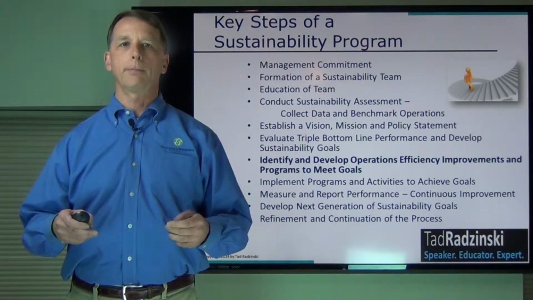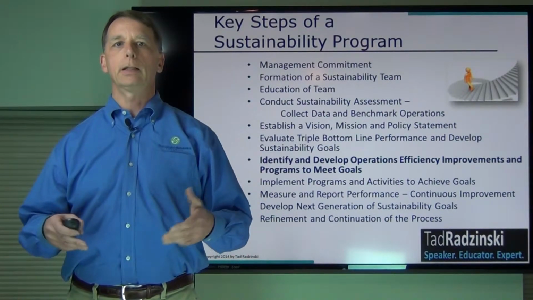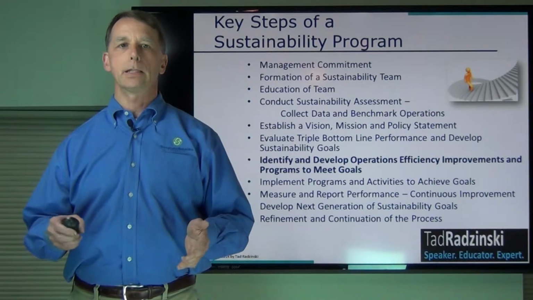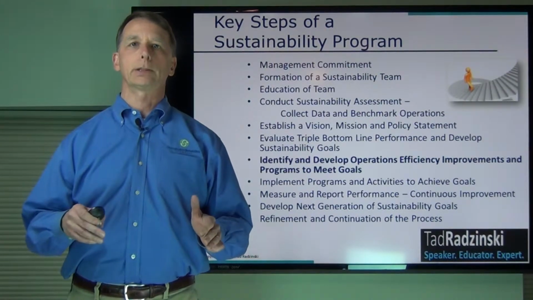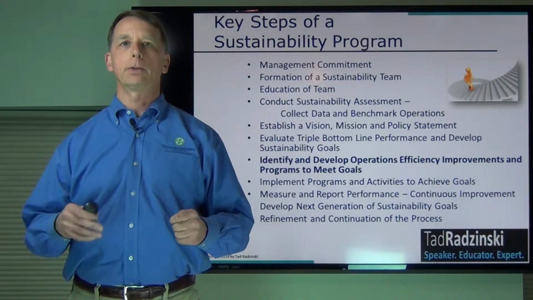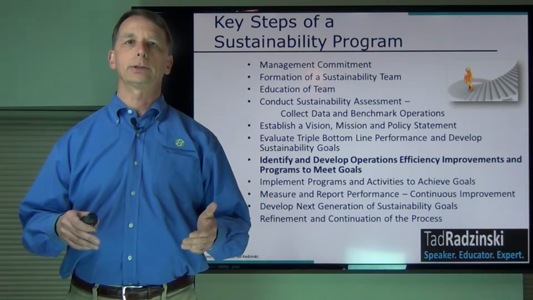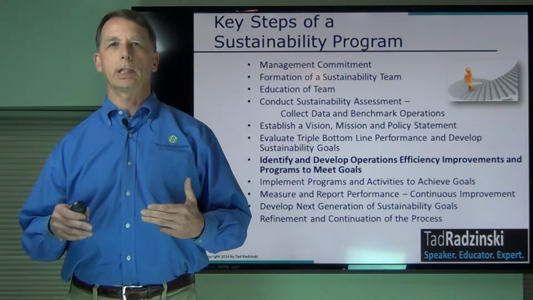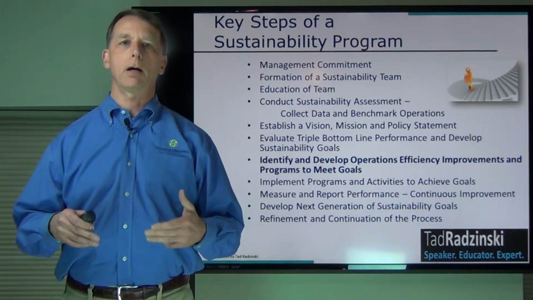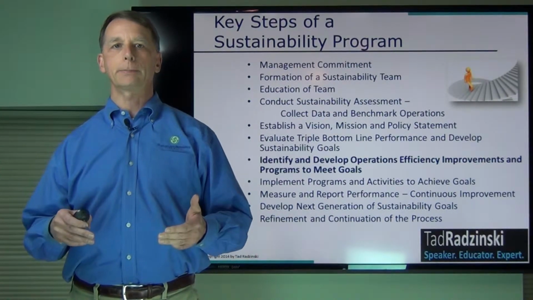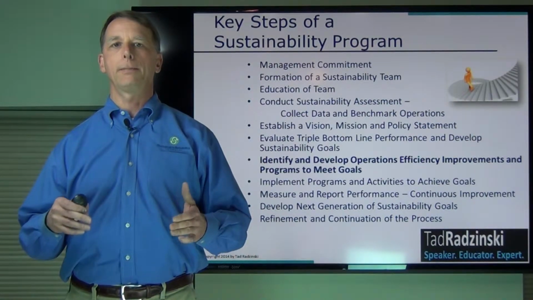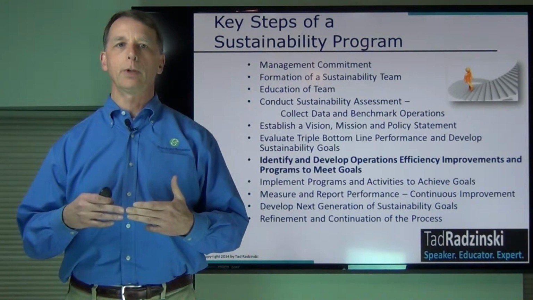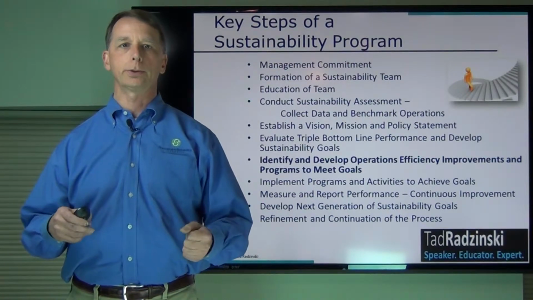So if you've been following the blog series, we've started out with the key steps to a sustainability program, starting with management commitment, getting a team together, educating the team, doing sustainability assessment, which is a really critical process to identify what your opportunities are, to benchmark your operations, benchmark your overall sustainability, looking at environmental, economic, and social performance aspects, running through a materiality matrix and understanding what's really important to you as an organization and your stakeholders.